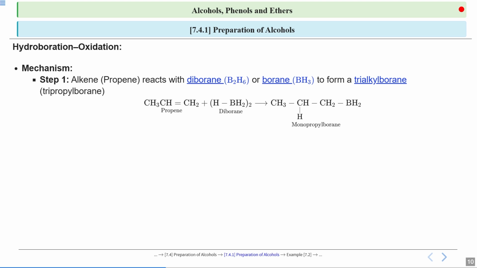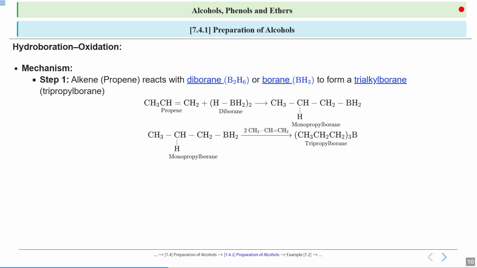So you will get a monopropyl borane after the reaction of propene with the diborane as per anti-Markovnikov addition. So hydrogen will attack on the less hydrogen substituted carbon, and the BH2 negative will add upon the double bonded carbon having more hydrogens. So you will get CH3CH2CH2BH2.